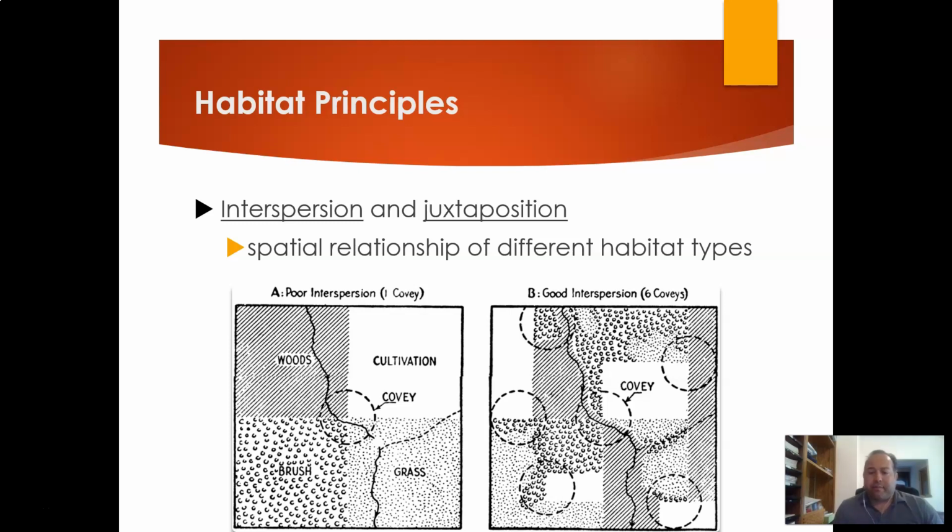So sometimes a food source would be located in one, but the area that they use for cover would be located in another, and the area that they use to mate or reproduce or nest in might be located in another. So if you've got all of these on offer and it's not the same thing over and over again, that works out well for the species.